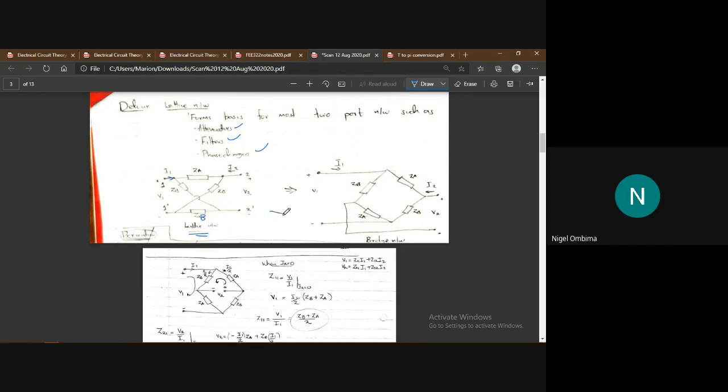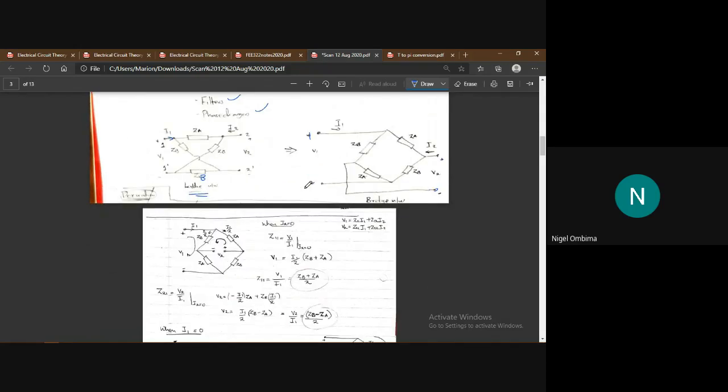It's equivalent to a bridged network is this, where I1 is here, I2 ndio hii hapa, ndio hizi output points zenyewe, alafu be careful, positive iko hapa, negative iko hapa. Signage is important, mtaona tukiendelea. Positive, negative.